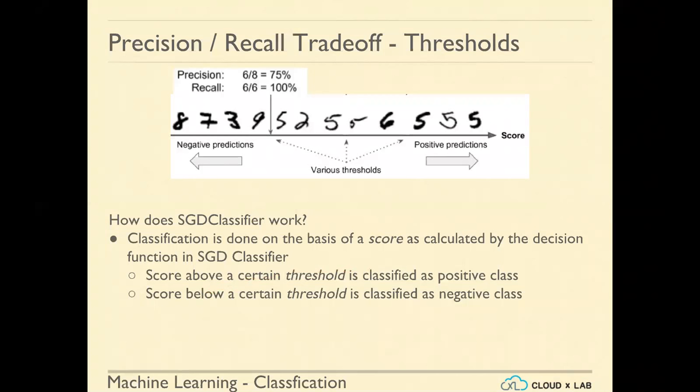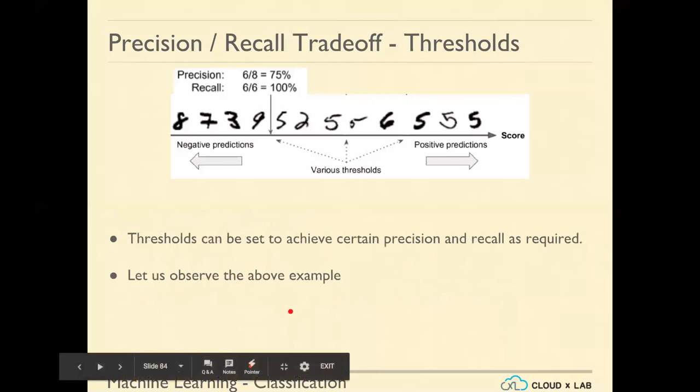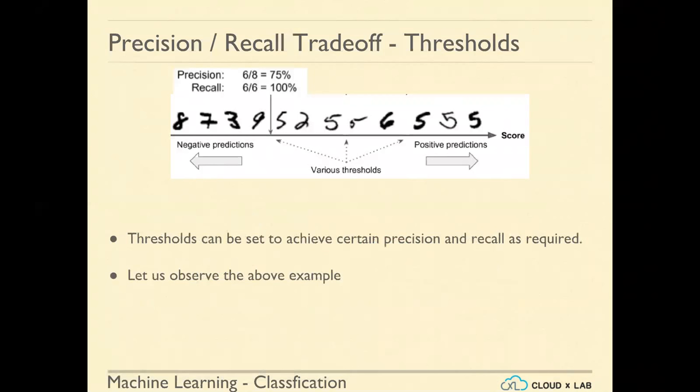Meaning, the distance away from the line that is separating the two classes: if it is higher, then the chance of it being 5 is higher and not 5 is lower. So moving ahead, the threshold can be set to achieve a certain precision and recall as required.